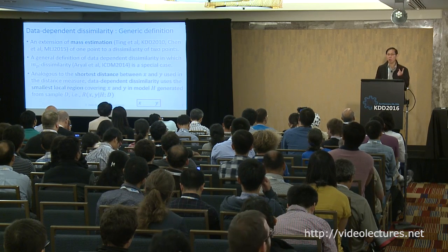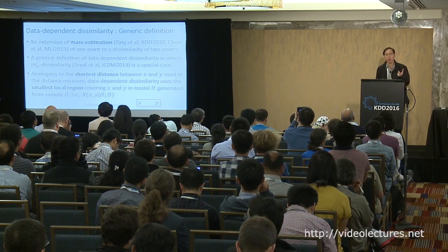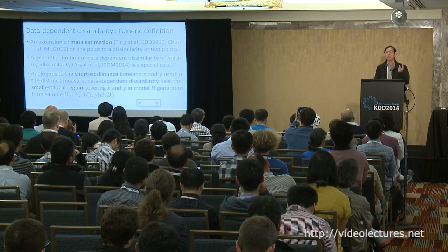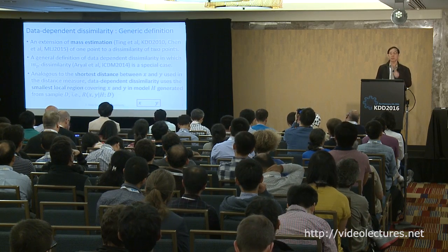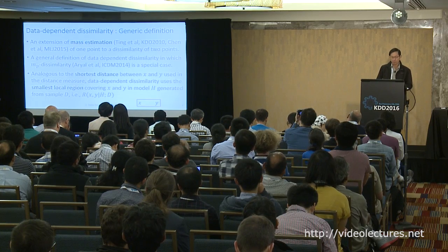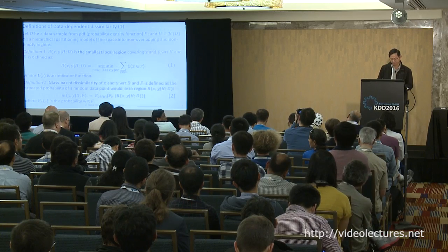So there's an analogy here: rather than using the shortest distance between x and y, the primitive becomes the smallest local region covering x and y. That's the primitive of the function.